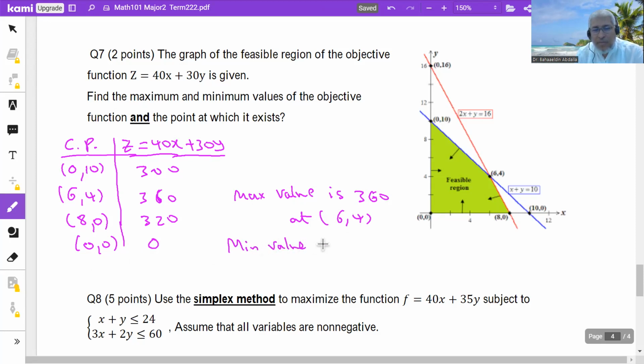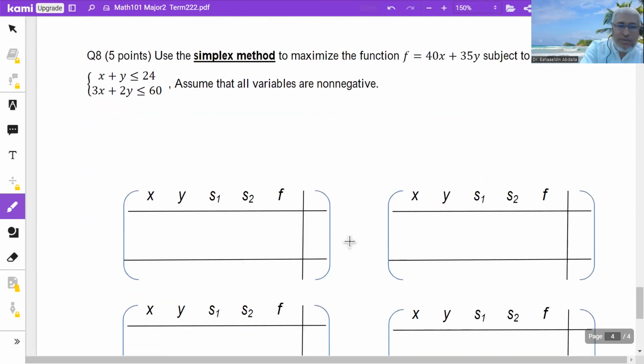The minimum value of z is 0, at the point (0, 0). So the maximum and minimum values and the points at which they exist are the complete answer to the question.